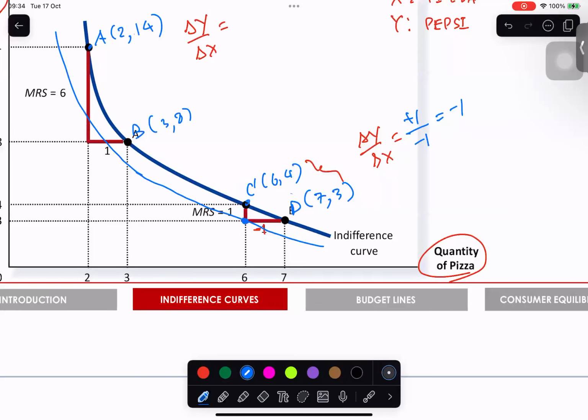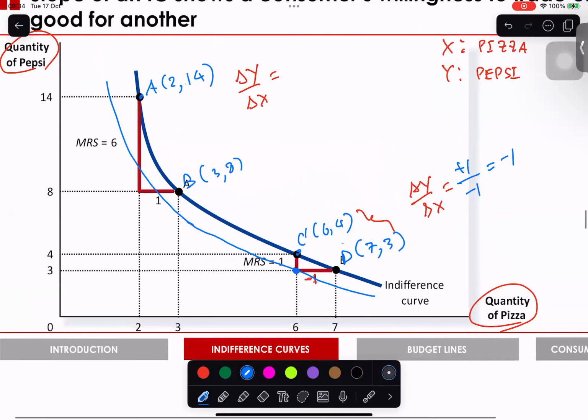Utility remains unchanged. One more time, he is at point B. We ask the same question: if we steal 1 unit of good X from him, how many of good Y does he want as compensation? This guy said 6.